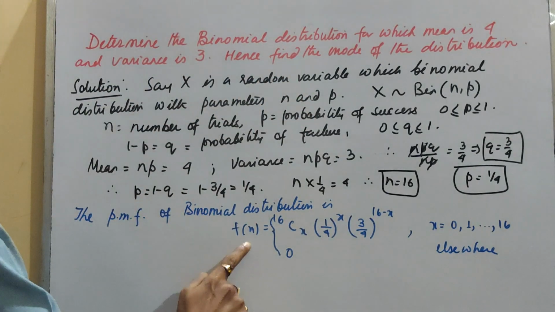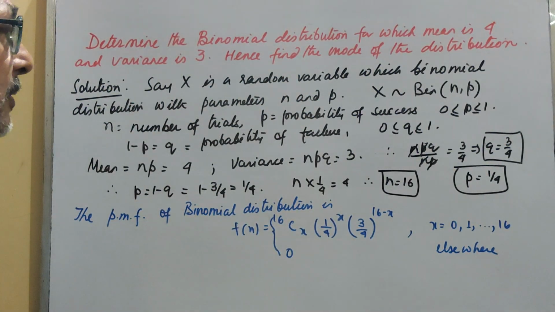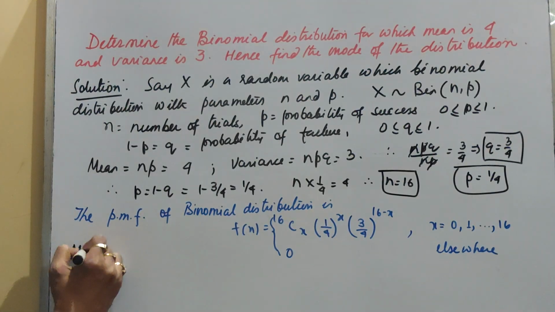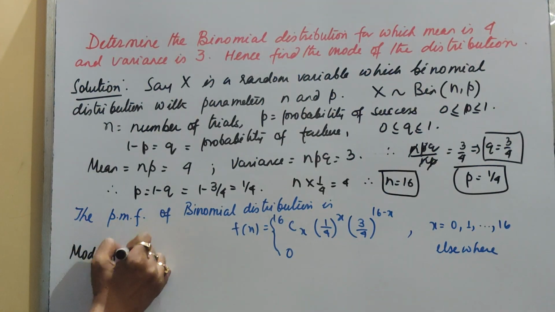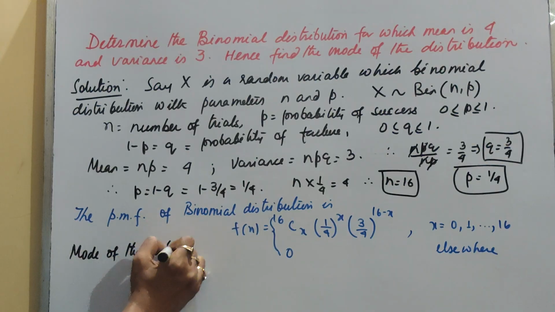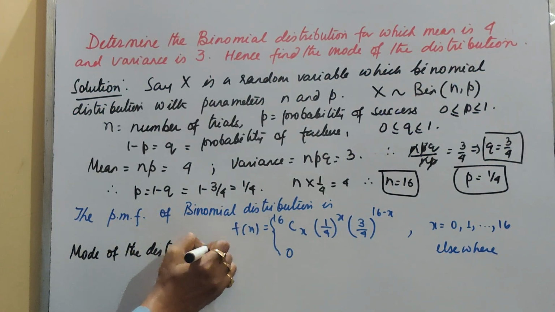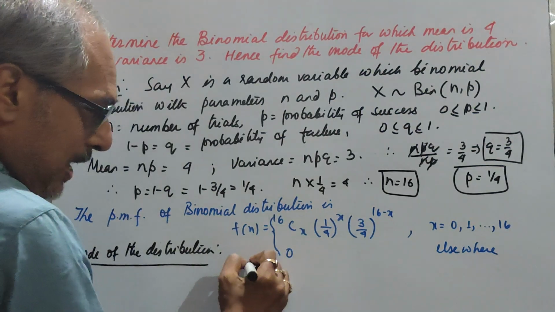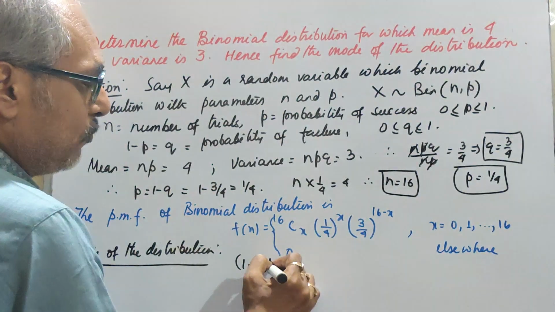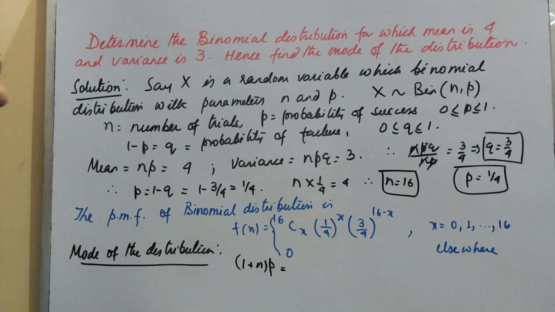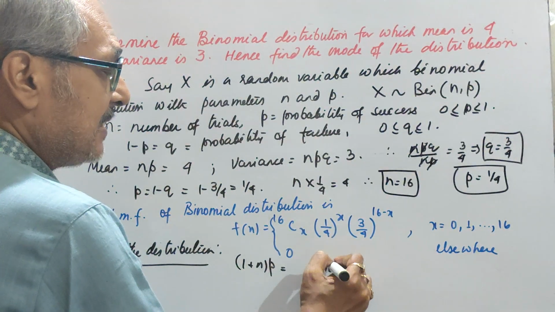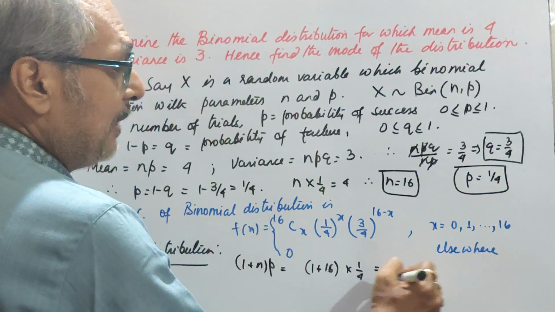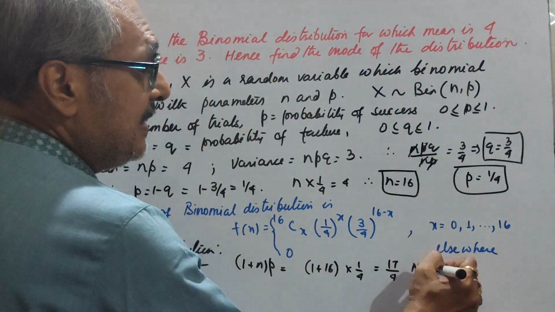Determine the binomial distribution. Now we find the mode of the distribution. Now, 1 plus n into p equals 1 plus 16 into 1 by 4, which is 17 by 4, not an integer.